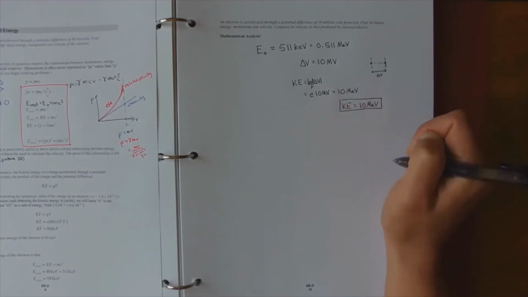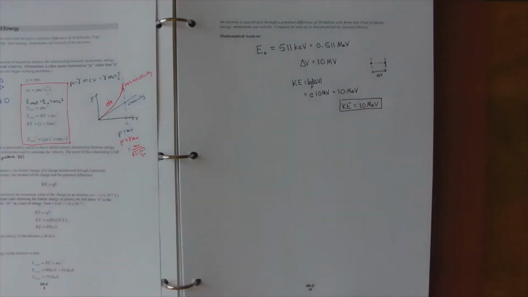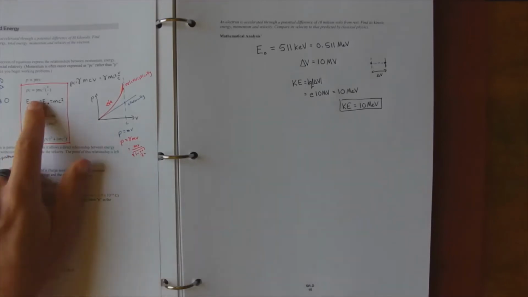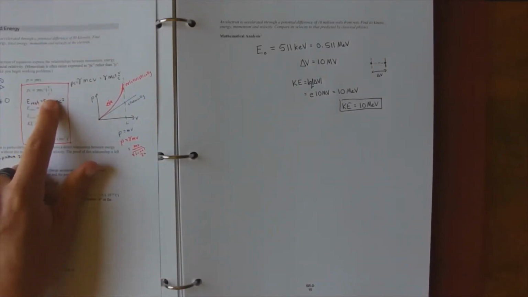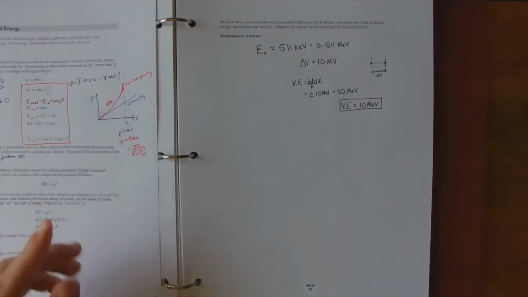I also have to find the momentum and the velocity. And I want to find not the momentum P, but I want to find PC. So please, if you're asked to find the momentum for a homework problem, just give me PC. That is what I would like. Okay, so here, if we're going to use this equation to calculate the momentum, we have to know the velocity, and we have to calculate the velocity anyways.